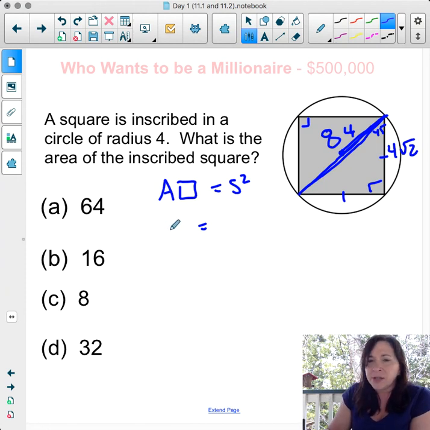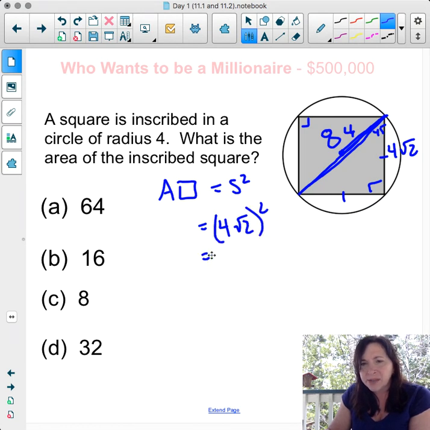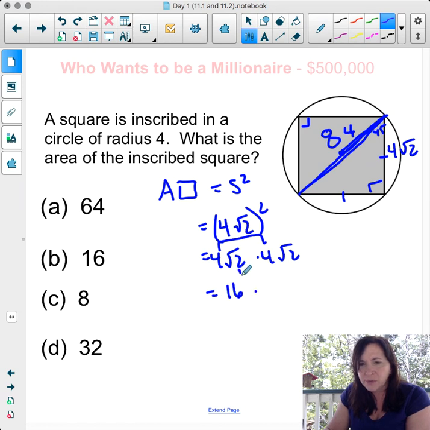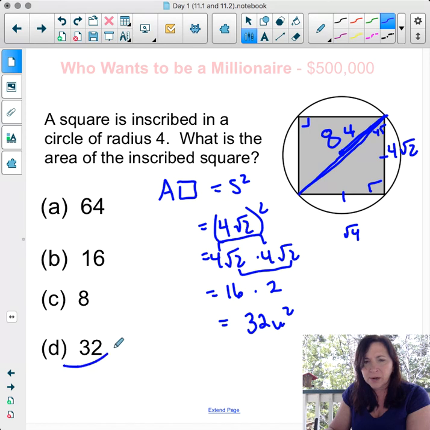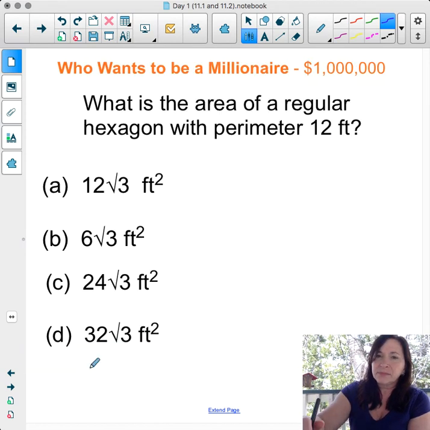So the area of my square is going to be 4 root 2 squared, which is the same thing as saying 4 root 2 times 4 root 2. Again, numbers get multiplied with numbers. So we have 16 times root 4. Square root of 4 is 2. 16 times 2 is 32 units squared, so this answer is D.